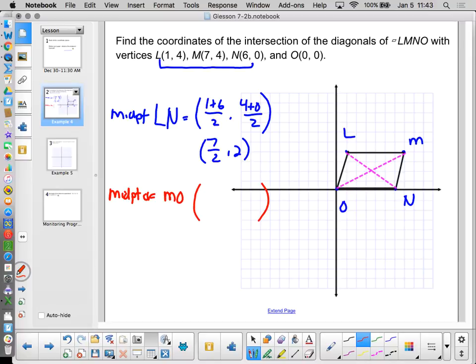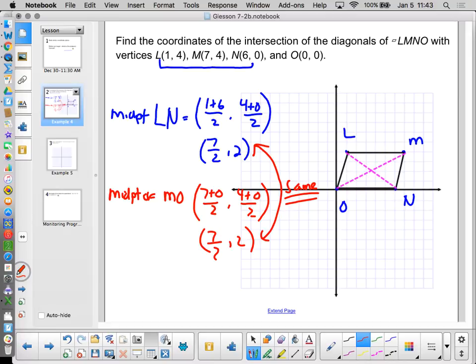And again, we do the same thing. 7 plus 0 over 2, 4 plus 0 over 2, and that's 7 halves, 2. Notice they're exactly the same midpoint. So that is the point of intersection of my two diagonals.